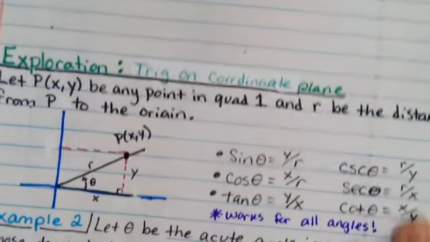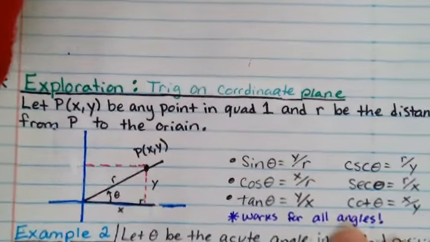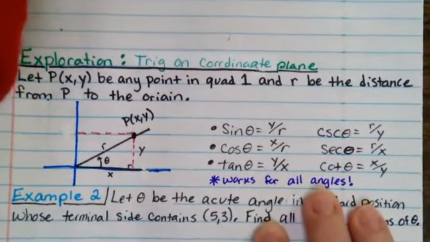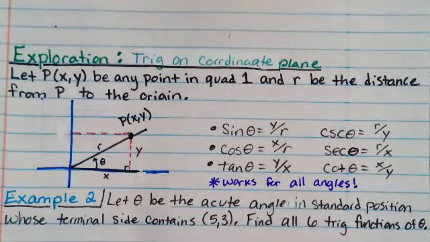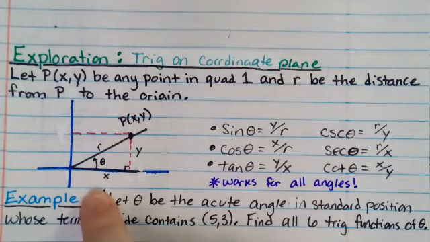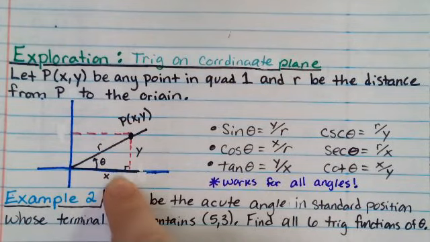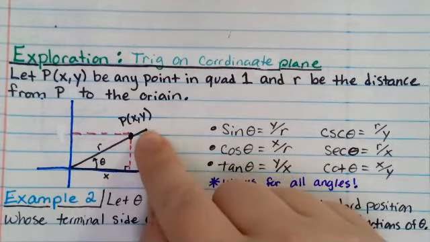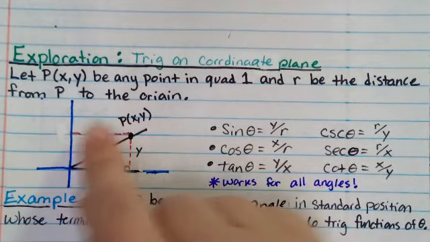All right, let's talk about trig in the coordinate plane. Now we're going to focus first just in quadrant 1 to keep things simple, and then we are going to work our way up to a little bit more than that. So what you're seeing here is a little picture where we've got our initial side, and I've just drawn a terminal side in quadrant 1 for the time being, okay?